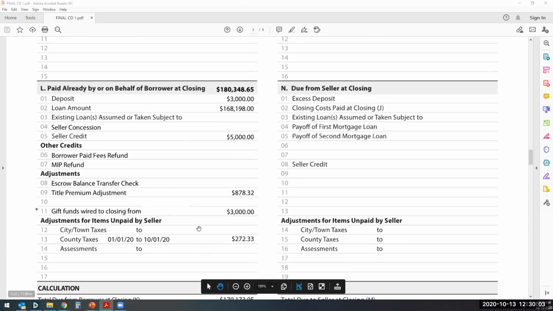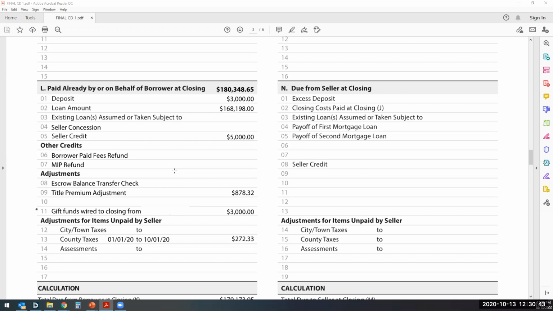Now, adjustments for items unpaid by seller, and here is where the seller will give the buyer a credit for the taxes. Why? Because the ad valorem taxes are paid in arrears, meaning they are paid at the end of the year. So if we close in October or November, the seller will have to credit the buyer from January, February, March, etc., until the day of the closing, because the seller has lived in the property and has not paid those taxes yet.